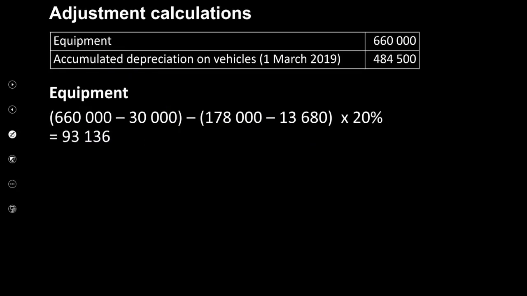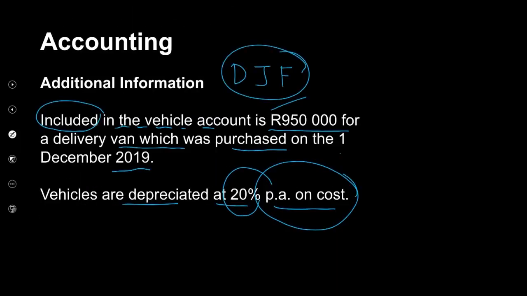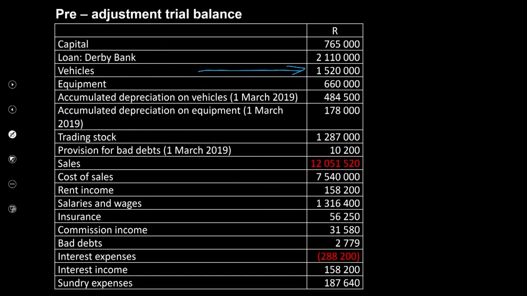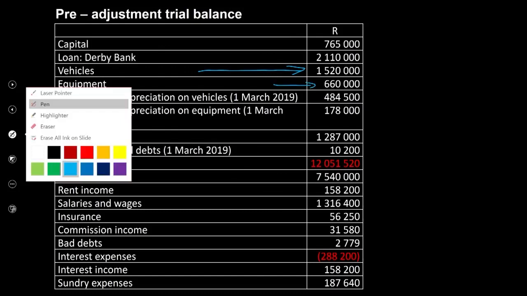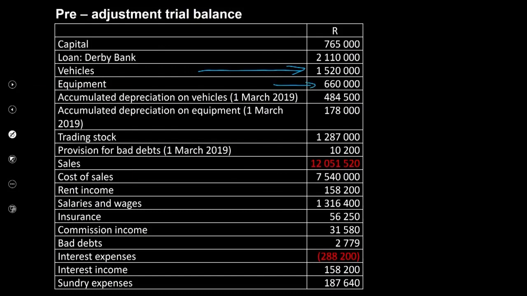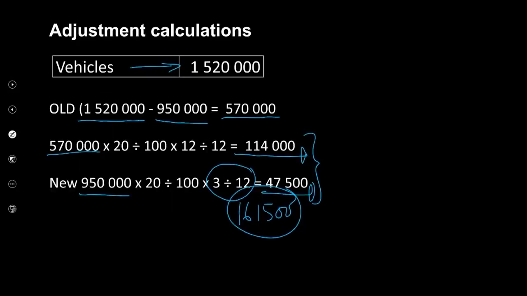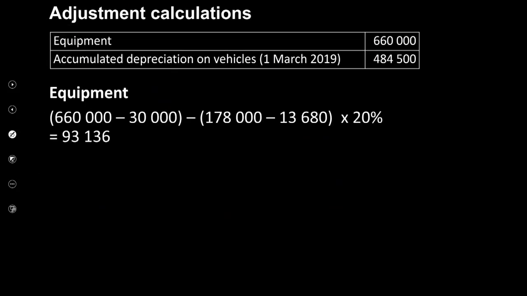So now, what am I going to do? Step number one, go and identify your equipment account, which has a balance of 660,000. There we go. So let's do this. The equipment in red, 660,000 is my opening balance. So therefore, I start off by saying 660,000, there's my equipment.